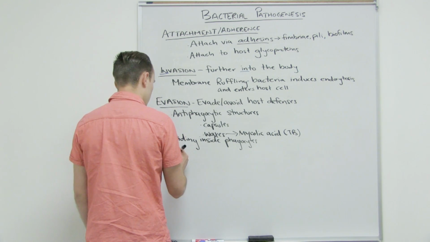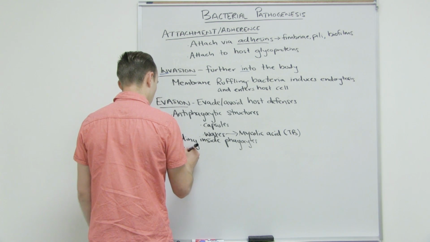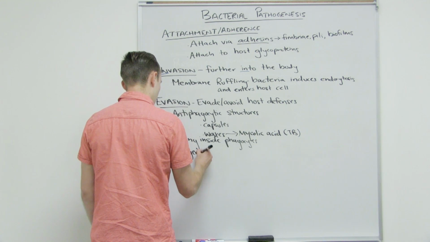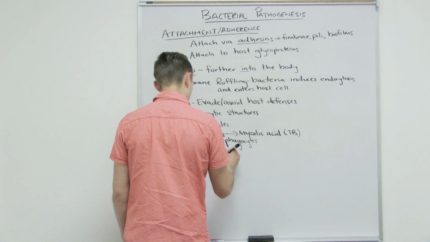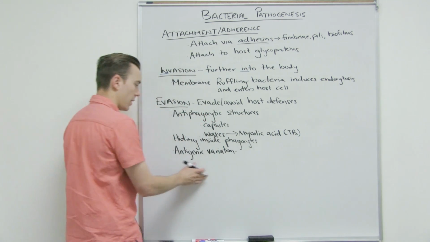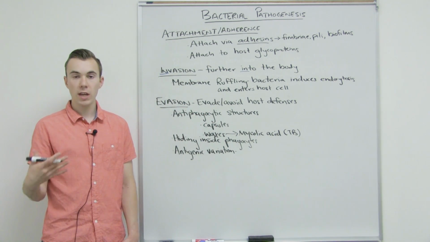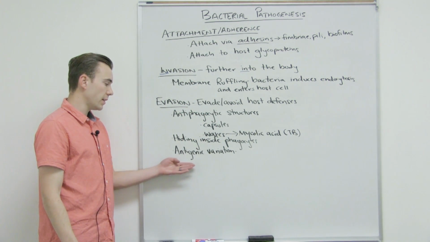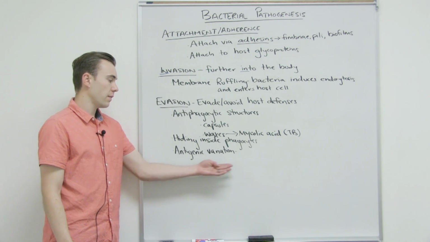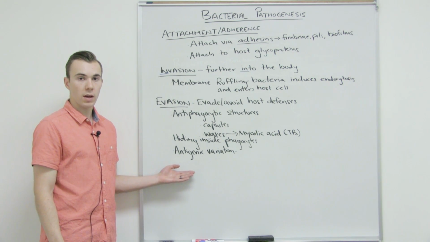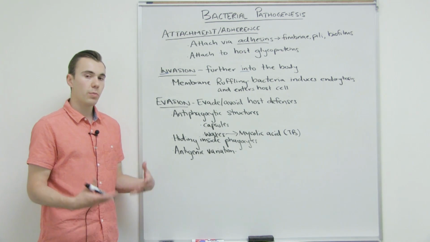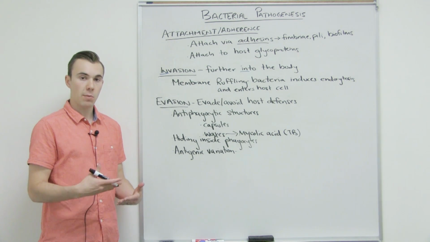And then the last way is antigenic variation. Antigenic variation means it changes how it looks. An antigen is anything foreign to the body. Variation means changing, so this changes the foreign thing to the body. So the body recognizes it, creates memory against it.